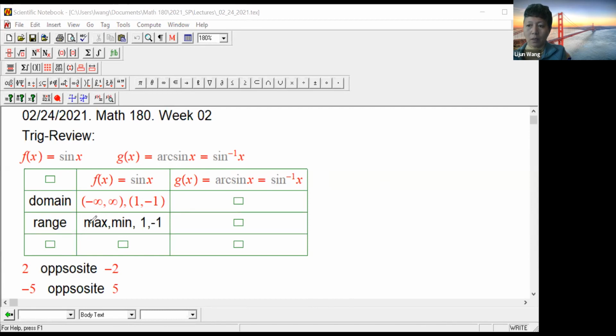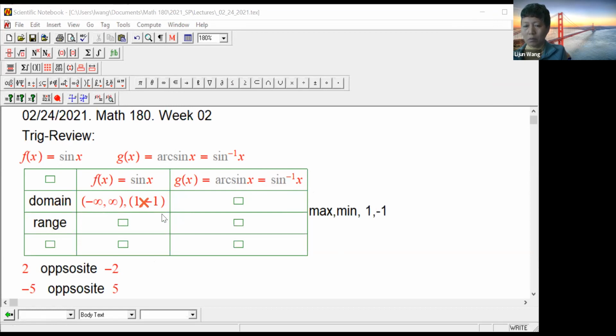Your comment about sine is correct: the maximum sine value is +1 and the minimum sine value is -1, but that's not the range. I'm going to make some comments, and I want you to review this after class today.